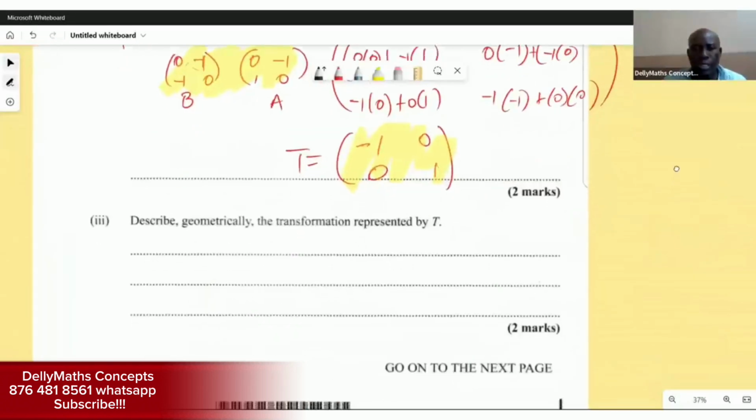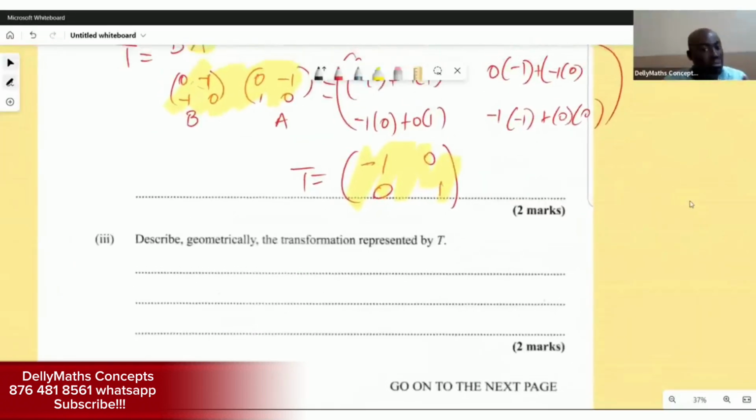Now, describe geometrically the transformation represented by T. What you can do is take a point and look at what happened to it. Let's check out a point.